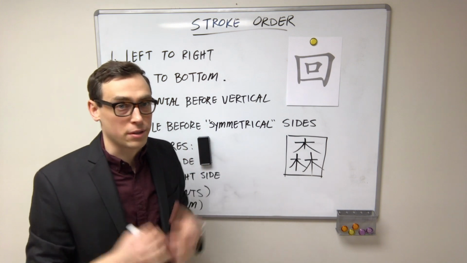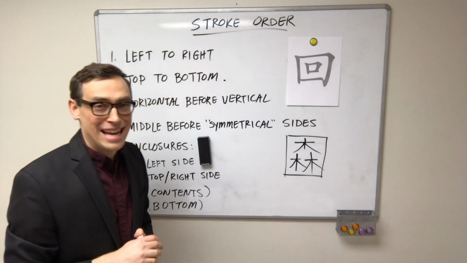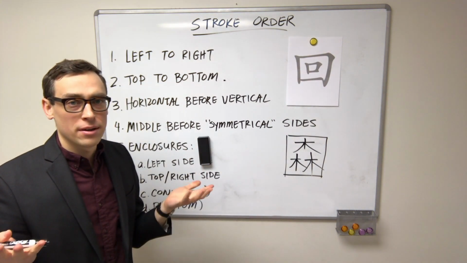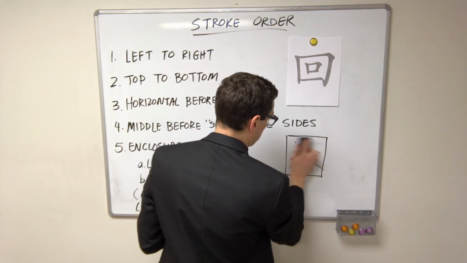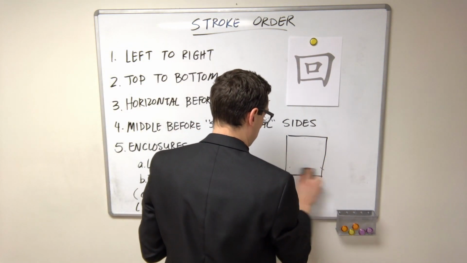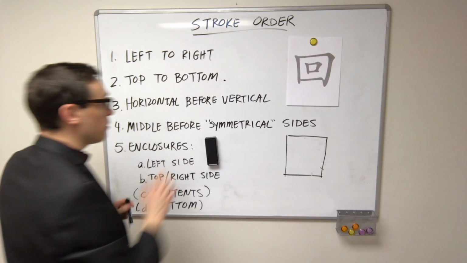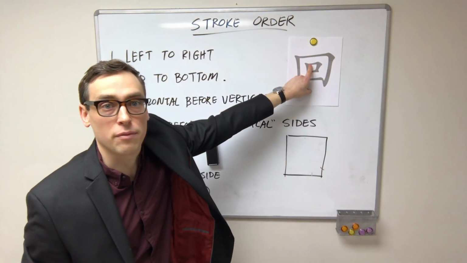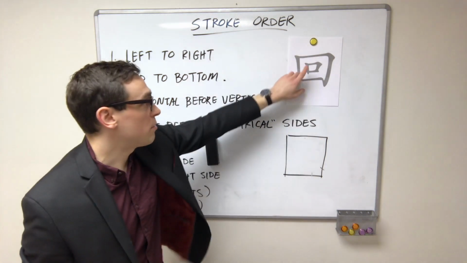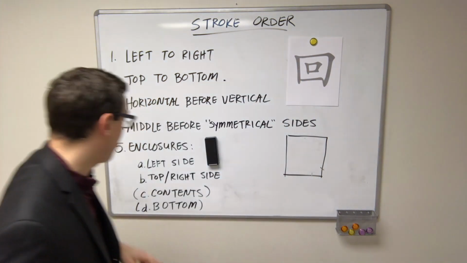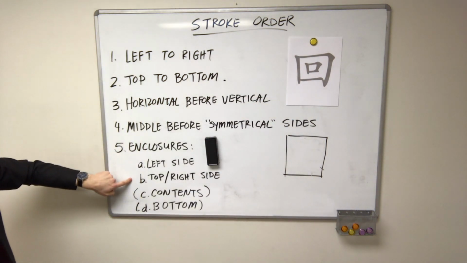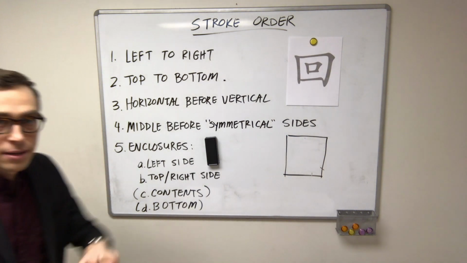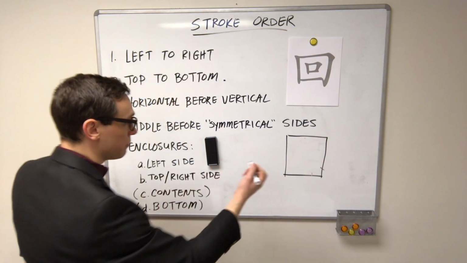Hui, to return. We have an enclosure inside of an enclosure. How should we deal with this? Well, first of all, this is contents of the bigger enclosure. So that should not be dealt with until we have the left side and the top/right side of the bigger overall enclosure.